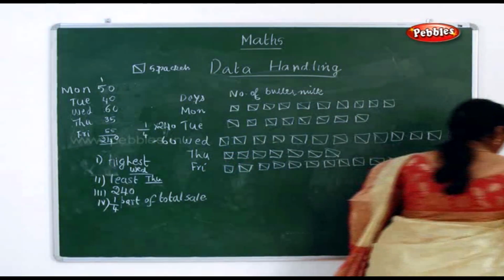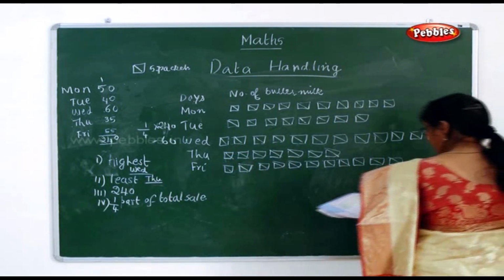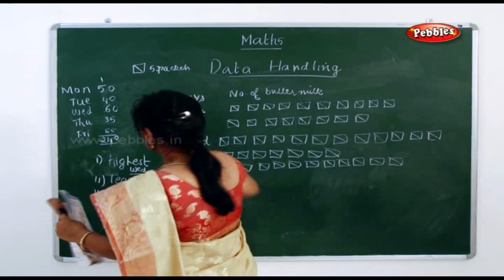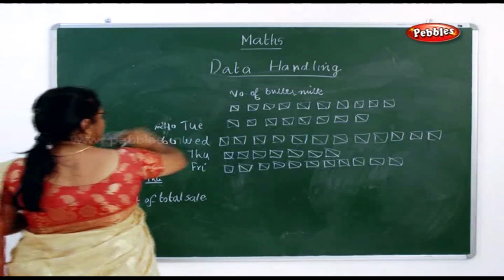Every year, the government, the government of India or Tamil Nadu, announces polio drops for children below 5 years of age. Is it clear?